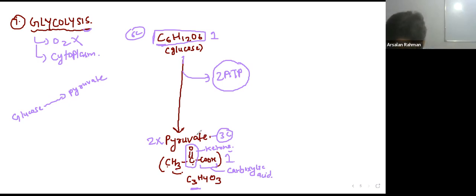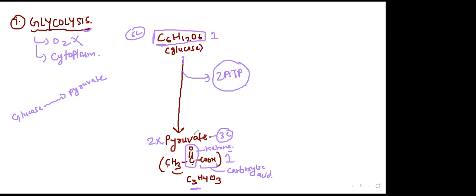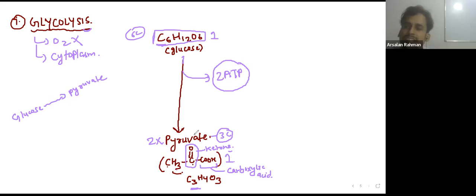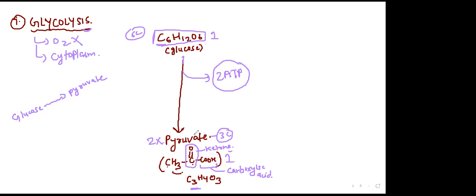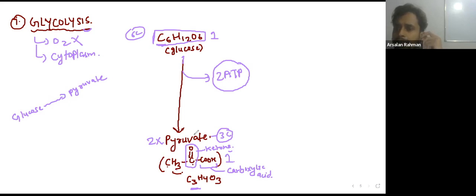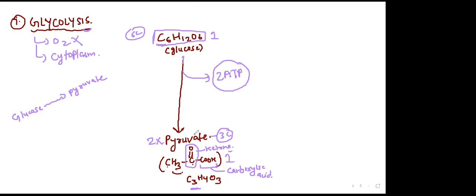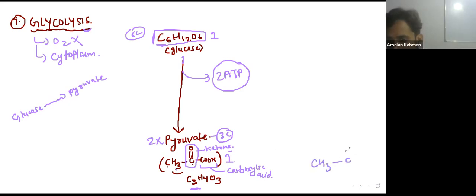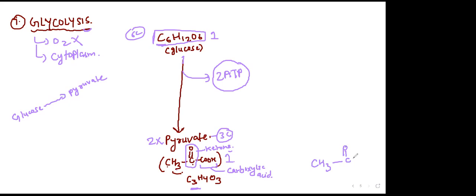Please copy this. If done, then let me know. CH3 is called methyl. After CH3, what is written? C double bond O. This is the structure.